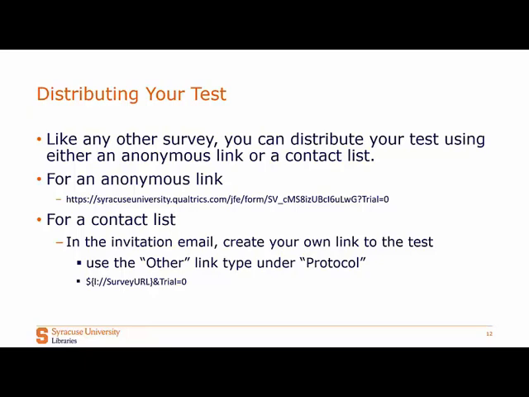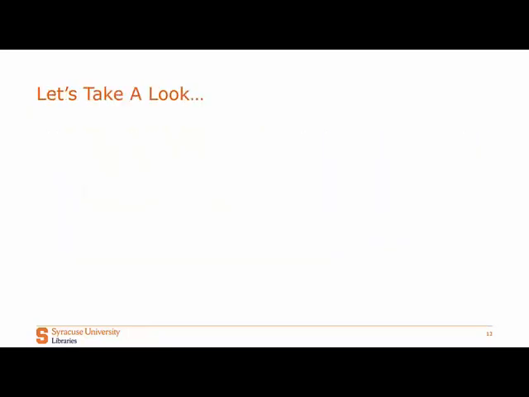For a contact list, in the invitation email, you need to create your own link to the test. You need to use the other link type under protocol when inserting the link, and then you need to use this particular embedded data field. Let's take a look.